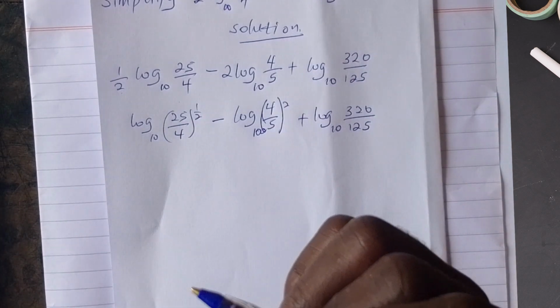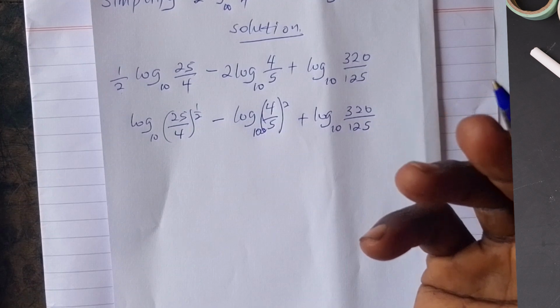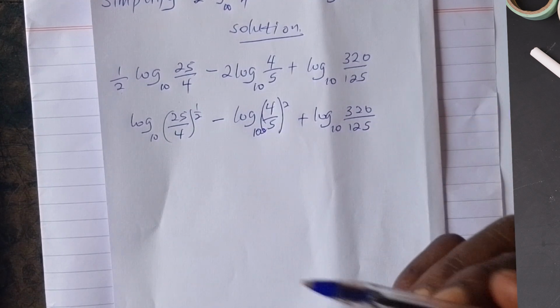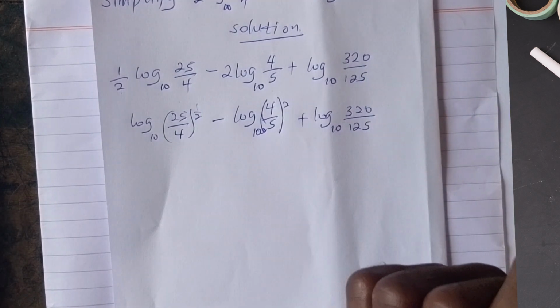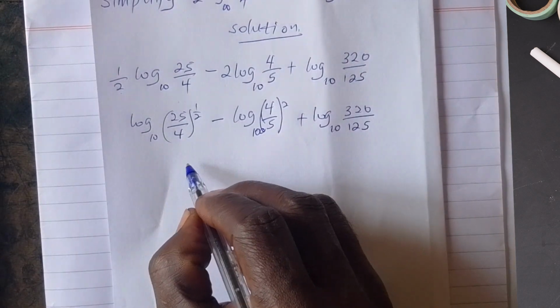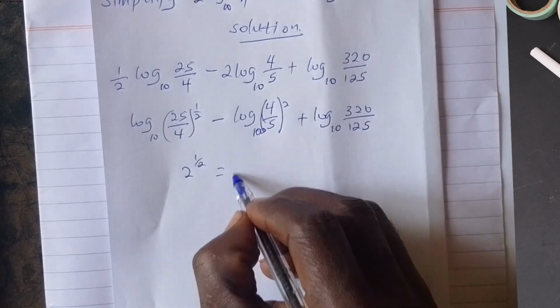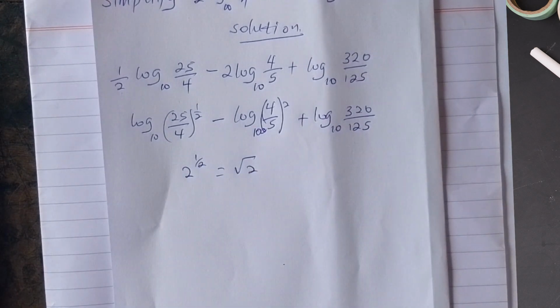From set, when I have any number raised to the power half, that number is the same as the square root of that number. So if I have 2 raised to the power half, this is the same as the square root of 2.